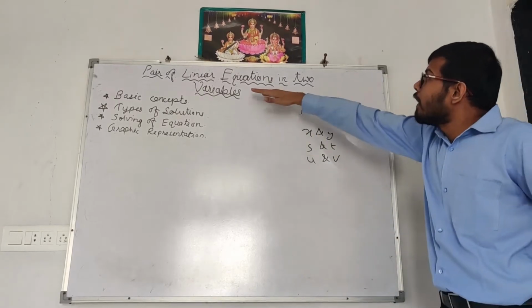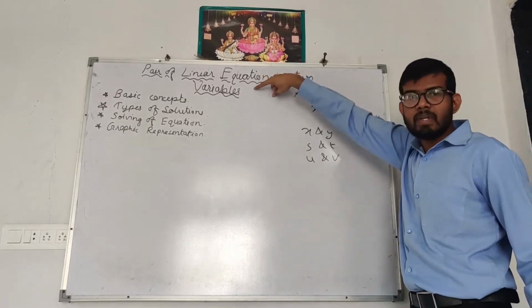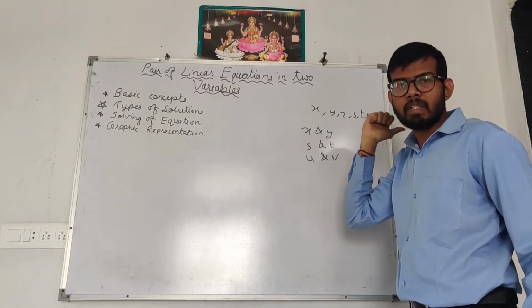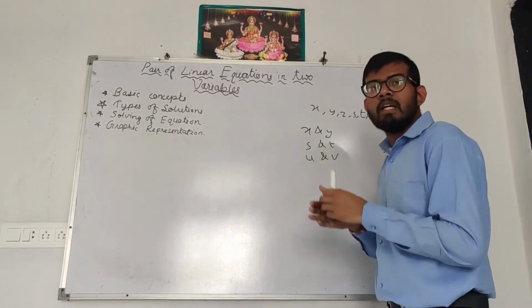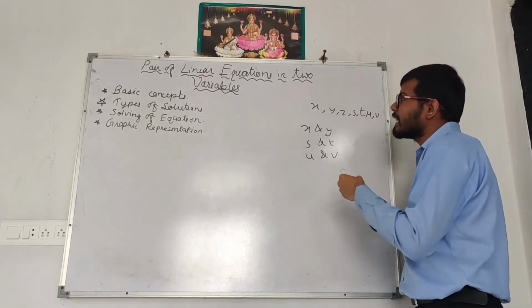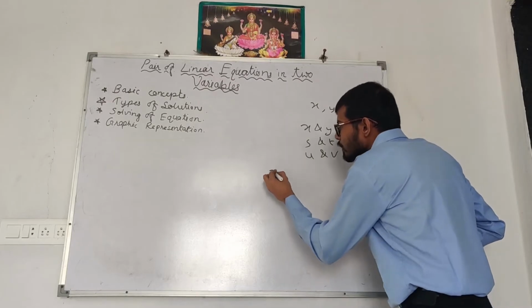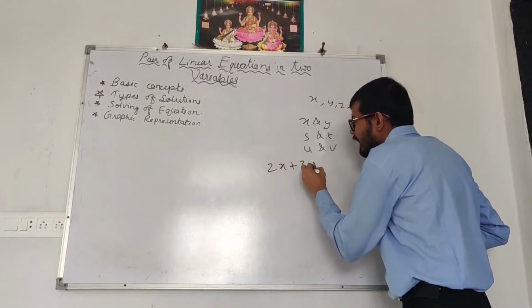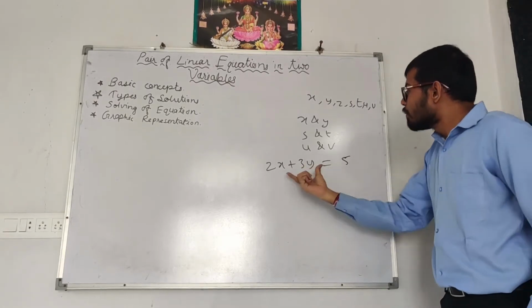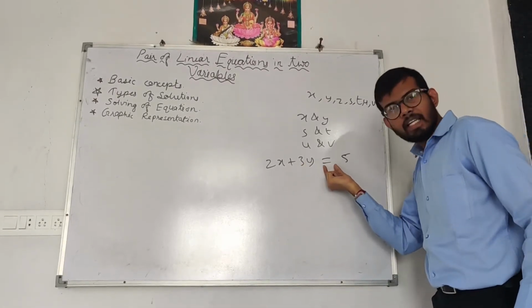Now, what kind of equations? First thing that comes to our mind is equation. An equation is nothing but a statement of equality: the left hand side will be equal to the right hand side. We will take an example such as 2x plus 3y equals 5. In this equation, both sides are equal because there is an equal sign.